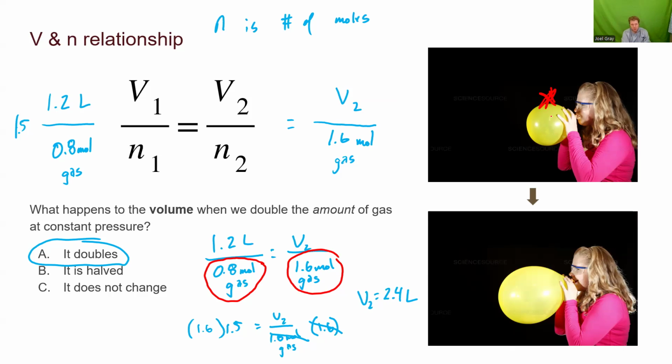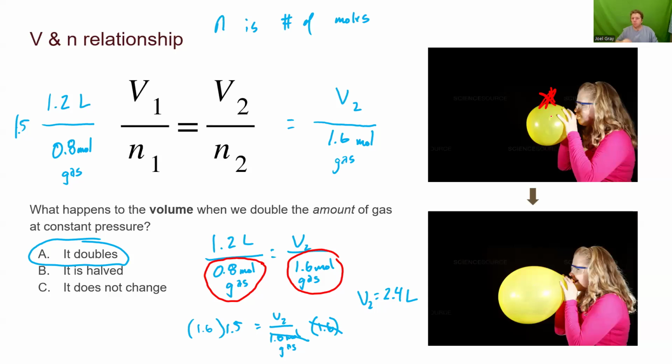And, you know, CO2, O2, I don't know. Hydrogen gas could work. What I'm getting at here with this is, did I identify a gas? Did I say 0.8 moles of CO2 gas? I didn't.